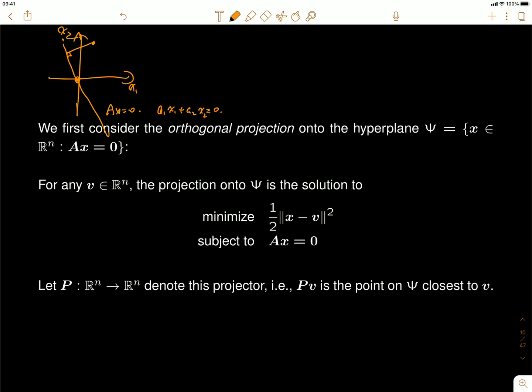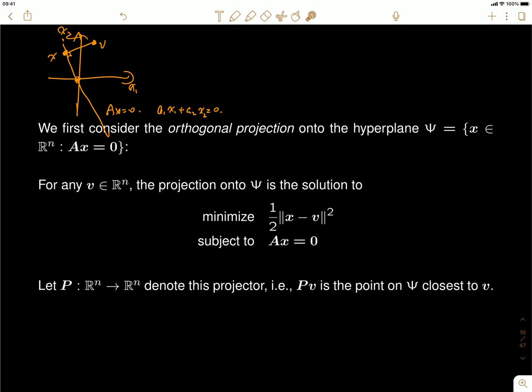So let's consider how to do that. Suppose we have a vector v, it's like this point right here, and we consider how to project that back into the hyperplane. The projection is itself an optimization problem, because we want to find the point on the plane or on the subspace that is closest to this point v. Suppose this is the v vector, and we want to figure out the point x here that is the closest point to v on this plane.